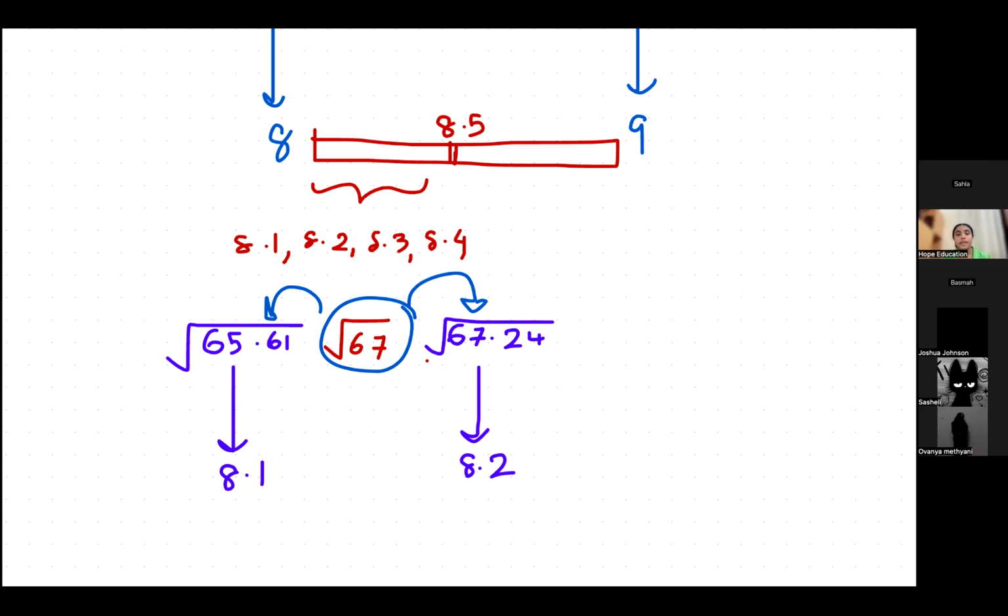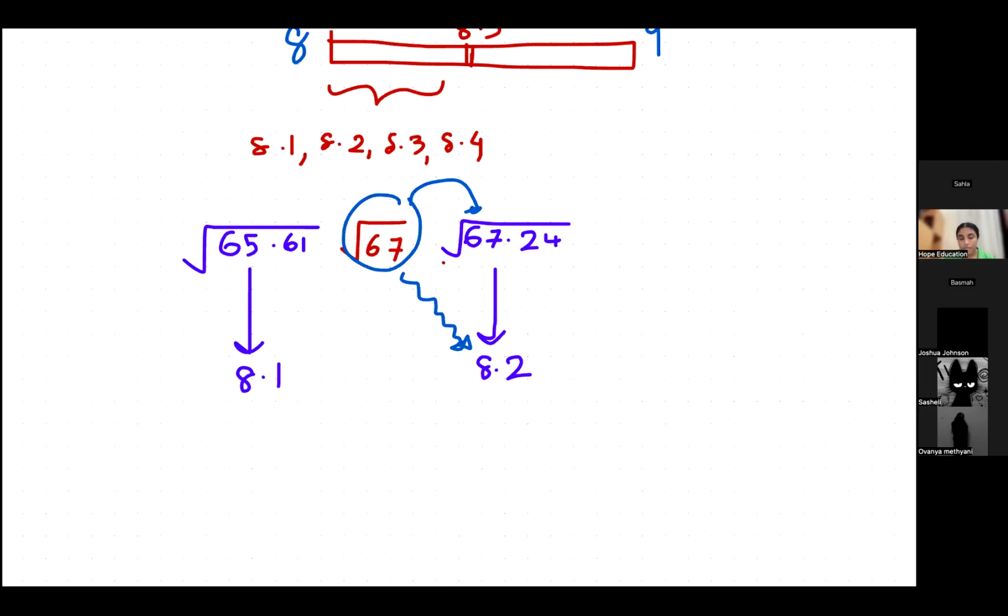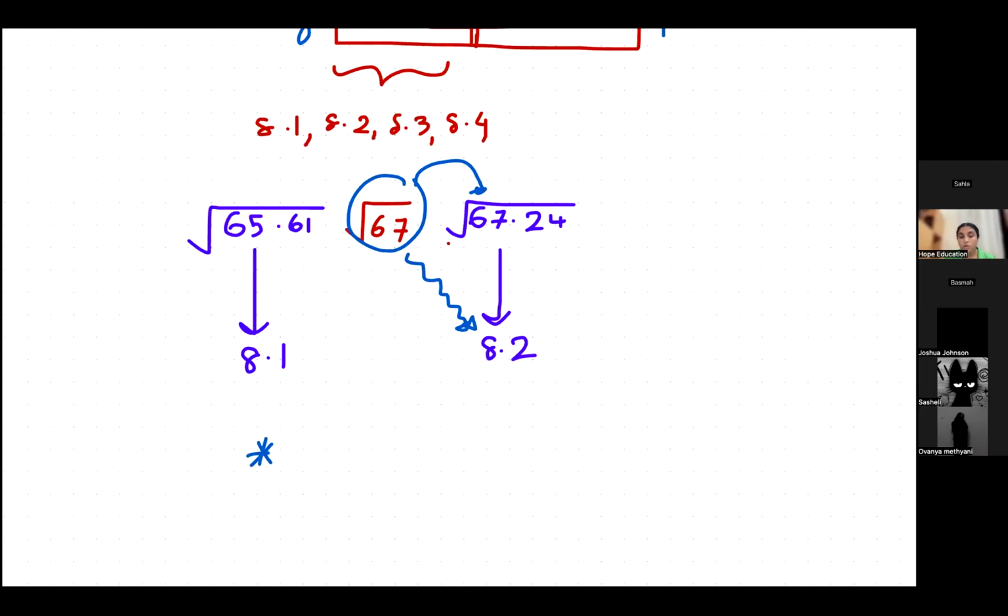Yes. Since 67 is closer to 67.24, we take its square root as the approximate square root of 67. Therefore, the square root of 67 is approximately 8.2.